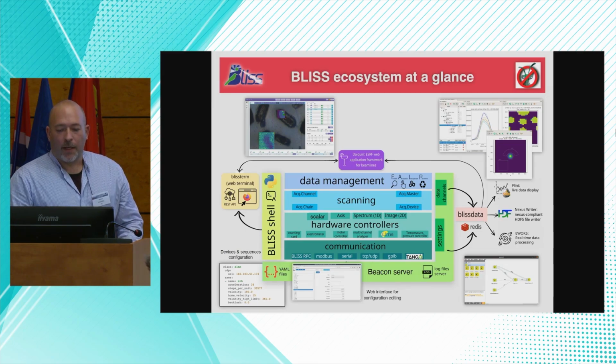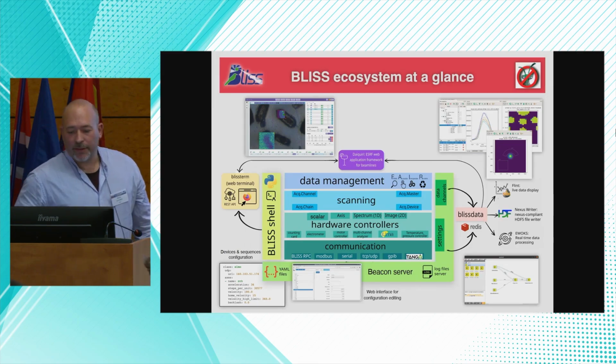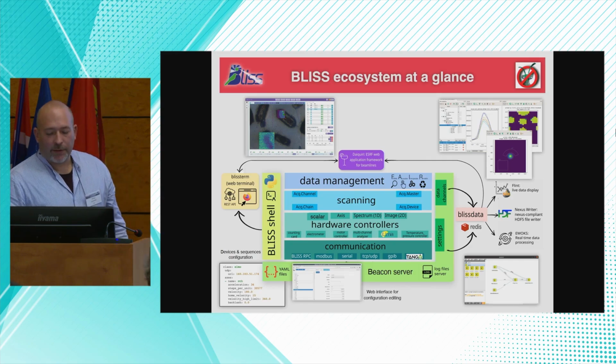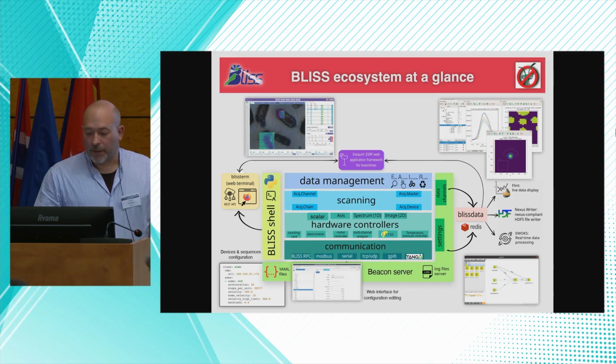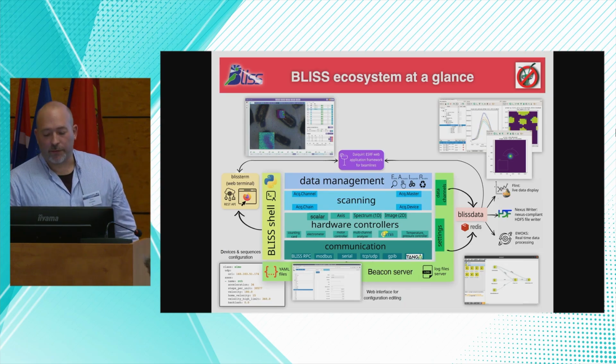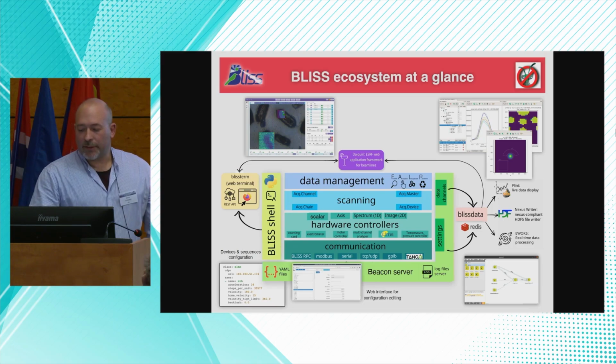So to give a bit of a big picture of Bliss, this is how it enters the ESRF ecosystem. But we can see that there are differences compared to Beck. All the core features are within the same library, and there are much fewer servers around. But one important point to notice is Bliss data.